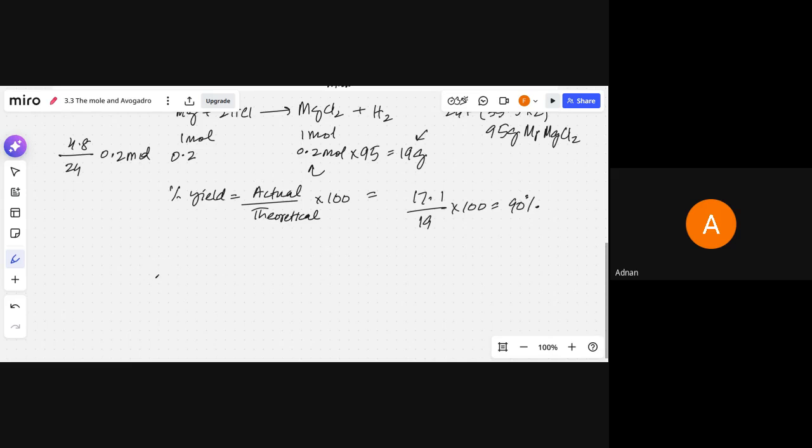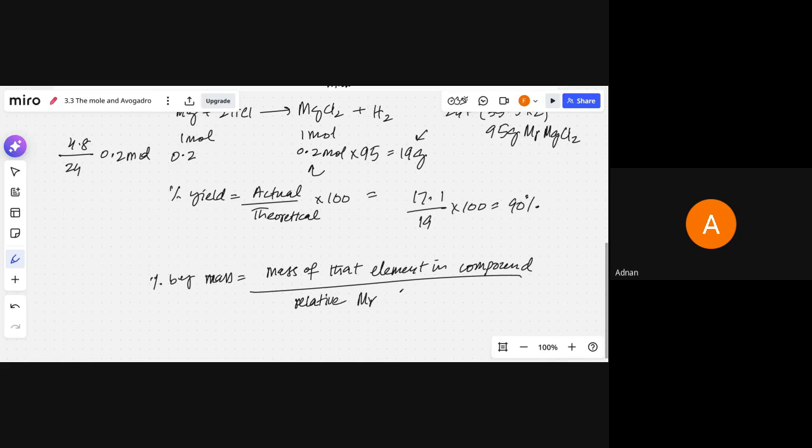The formula is percentage by mass equals mass of that element in the compound divided by the relative formula mass, the relative MR, of the compound, times 100.